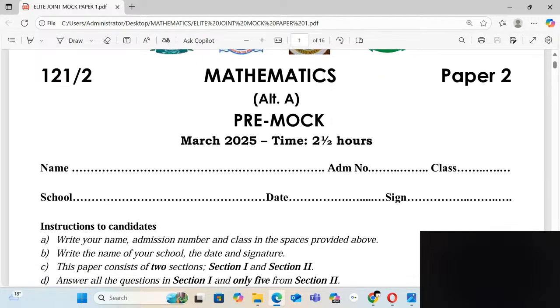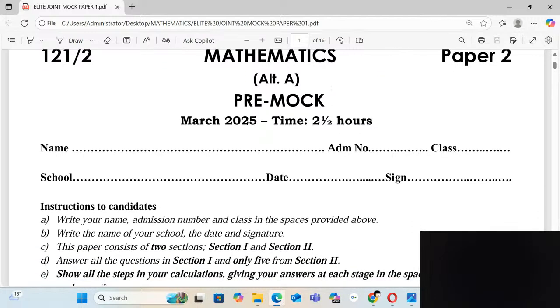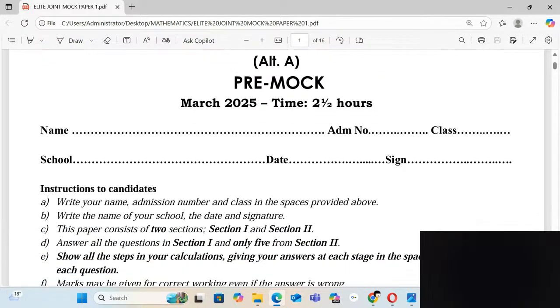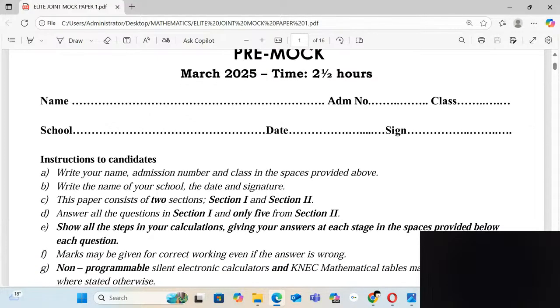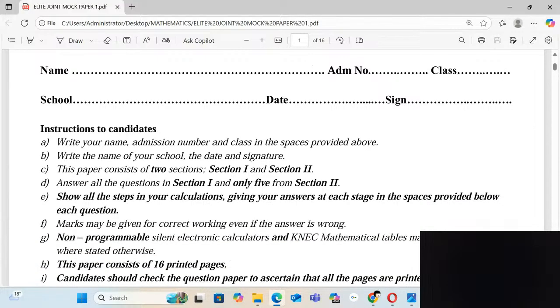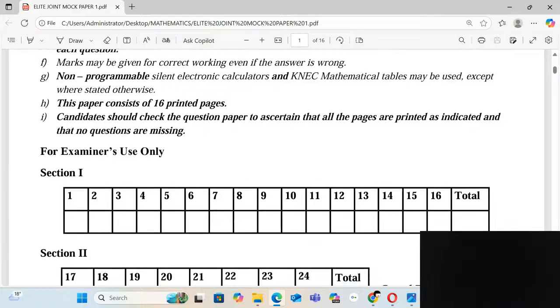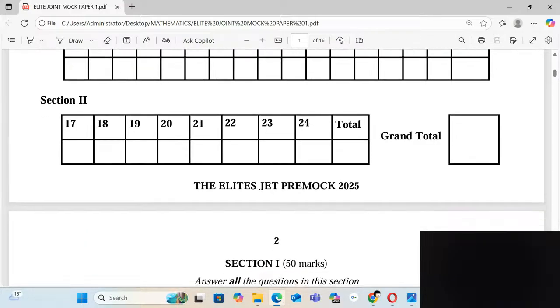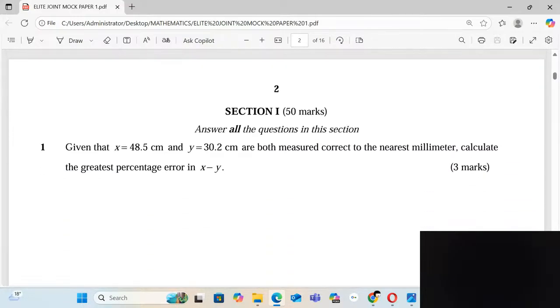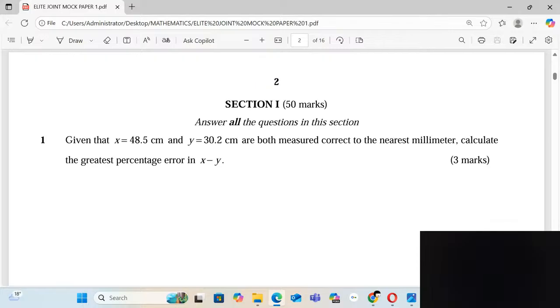Yes, you can see the instruction. You can go through them. So you need to answer all questions in section 1. All the questions. So we can move straight to question 1.